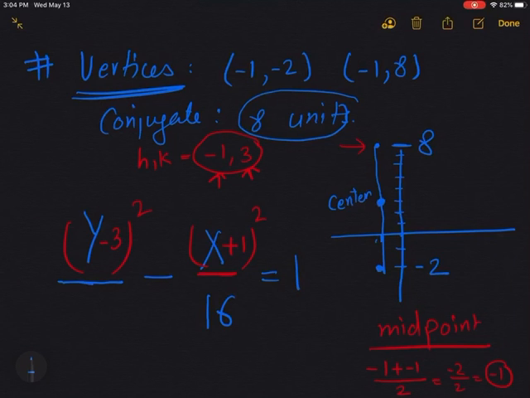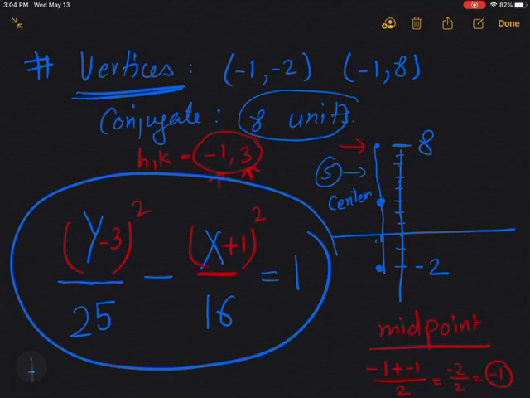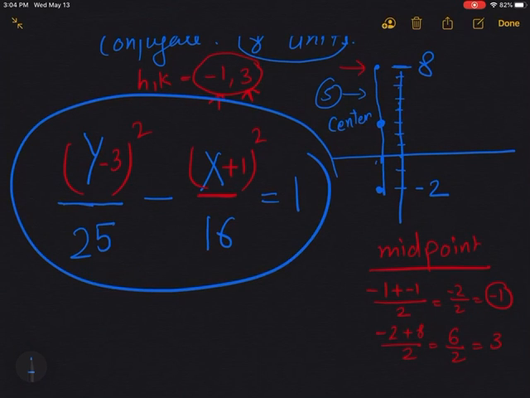How many units do you actually travel? 8 to -2, we go 10 units. So 10 is the total distance. Half is 5. So that's going to be the radius, and then 5 squared would be 25. Or you can just literally count these boxes. So you know that's going to be 5 here. Then we take the square. So that would be my equation at the end. So yeah, that's pretty much all you have to do. So thank you for watching. Bye-bye.